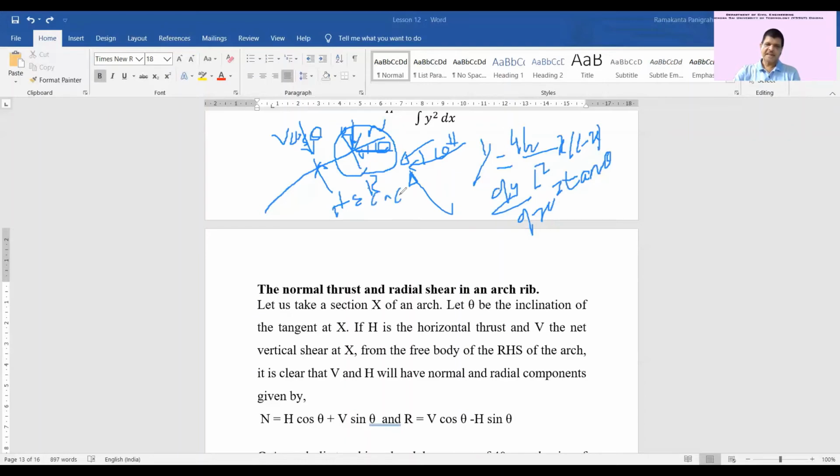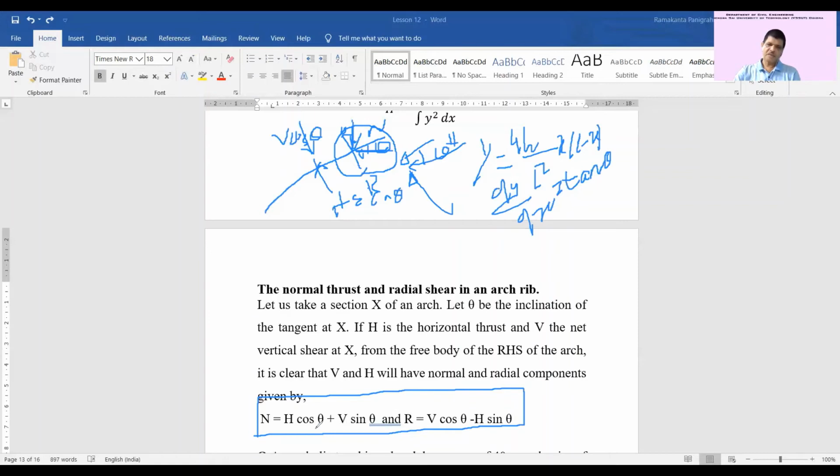So the net radial shear will be equal to v cos theta minus h sin theta. These are the two equations required if you are asked to find the normal thrust and radial shear at a section.